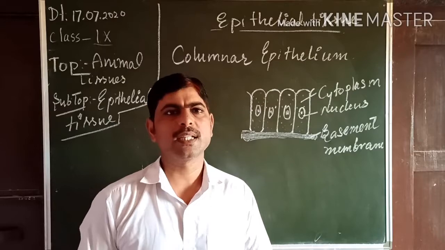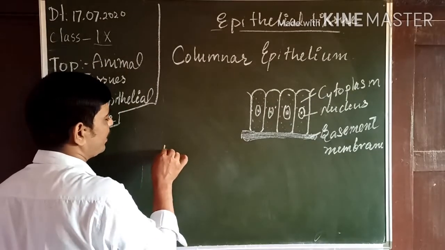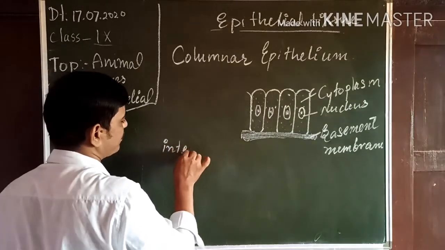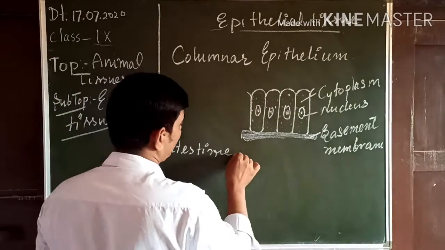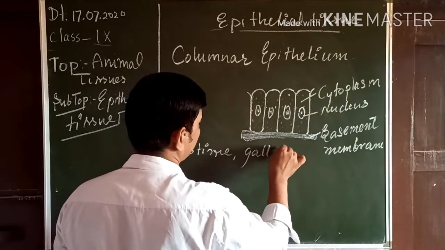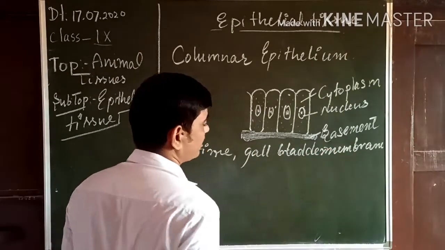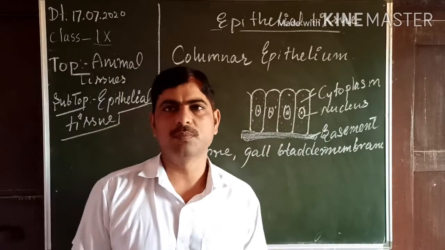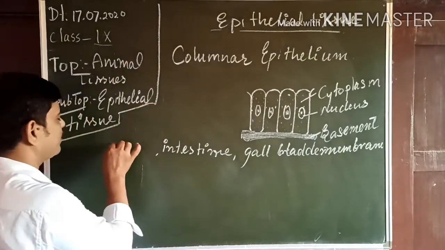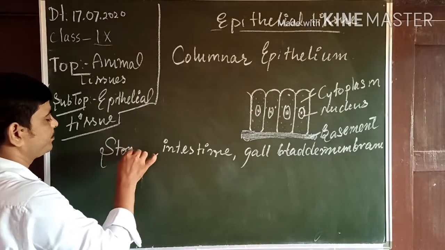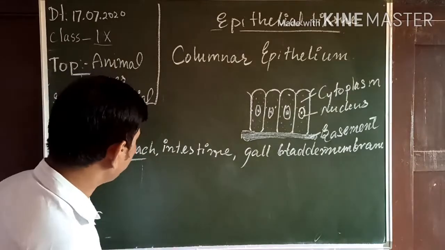You can take examples of occurrence like the intestine, gall bladder. These are some regions in the body where columnar epithelium is found. You can write stomach also. What is their function?